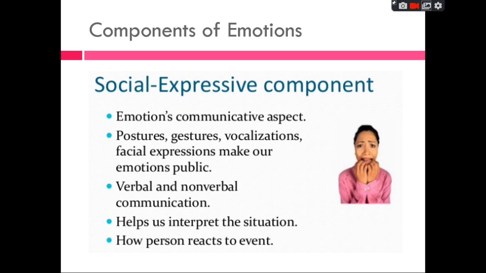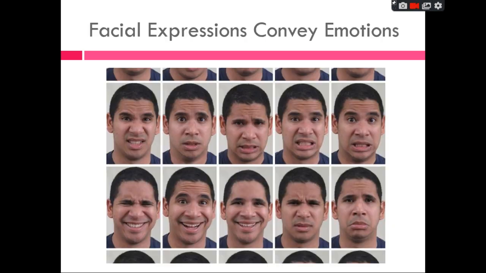With this kind of social expressive component, it helps us to interpret the situation and how a person would react to a certain event. Facial expressions convey emotions, as I have said earlier, and you will see from here different changes with the facial expression.